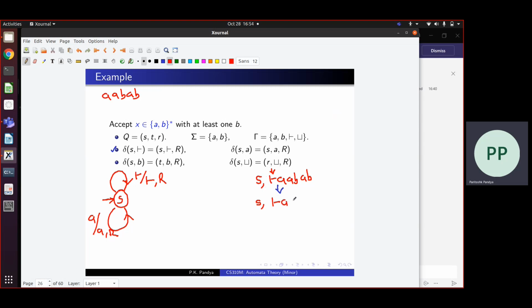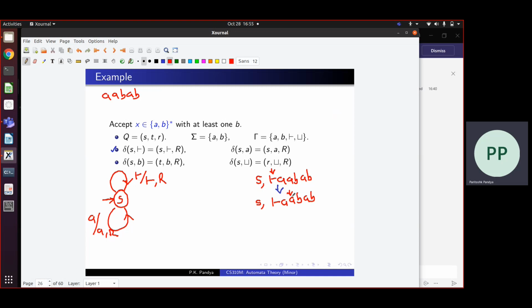So my tape is not going to change in this move because I've written the same symbol back, right? And my head will move one step to the right. So now my configuration looks like this. Don't confuse the blue arrow with the red arrow. The red arrow shows the position of the head and the blue arrow shows one transition, right?